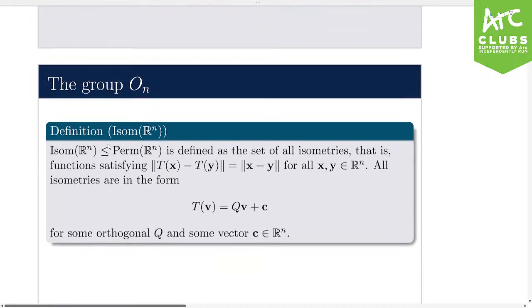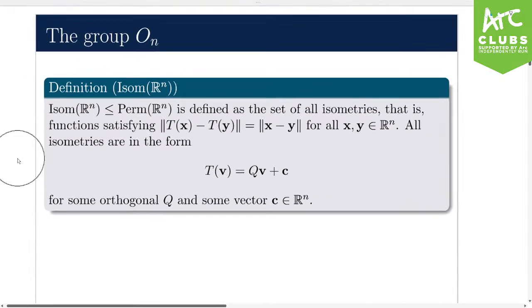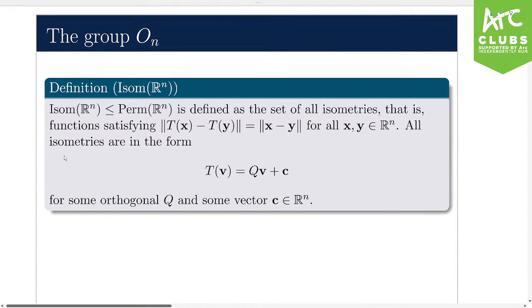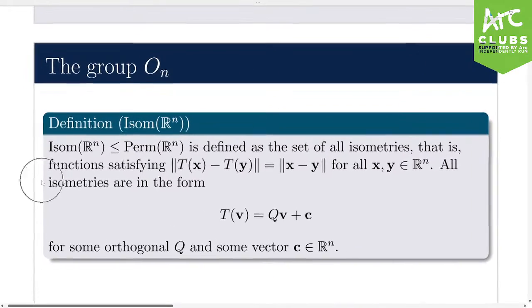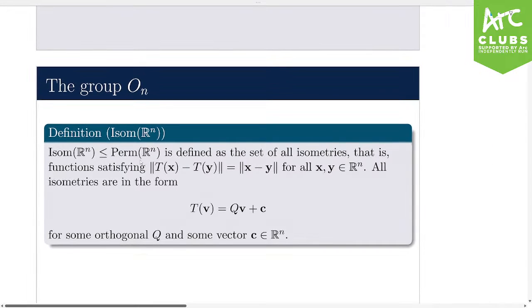So we'll start with, not group actions actually, we'll start with some isometries. So what is an isometry? It is the set of all distance preserving maps in Rn, which means it satisfies this condition here.